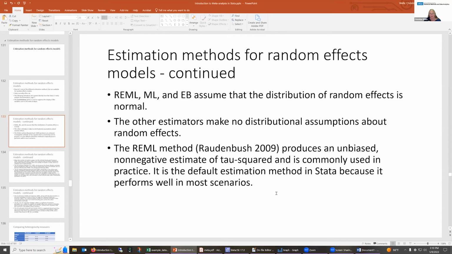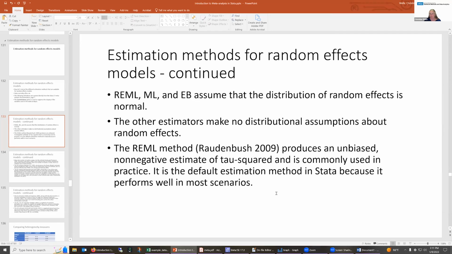Restricted maximum likelihood and empirical Bayes assume that the distribution of your random effects is normal, but the other 3 estimators do not make distributional assumptions about your random effects. The REML method produces an unbiased, non-negative estimate of tau squared and is commonly used in practice.